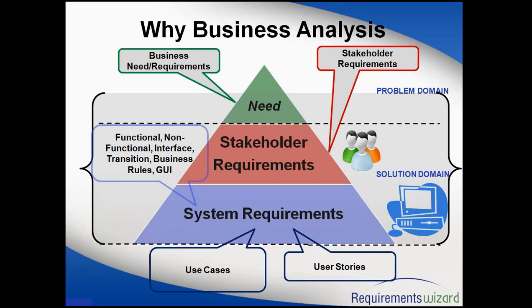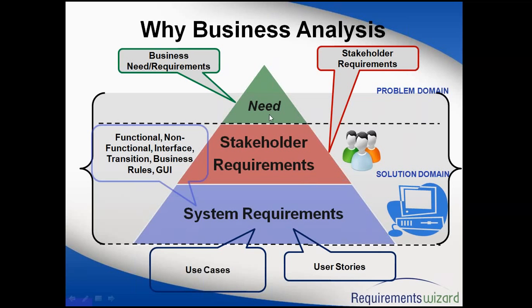Now going back to what I said a few slides back, you first need to understand what is the business need of your stakeholder. So the way you should read this pyramid is, this is a problem domain. That means you are trying to understand the problem.